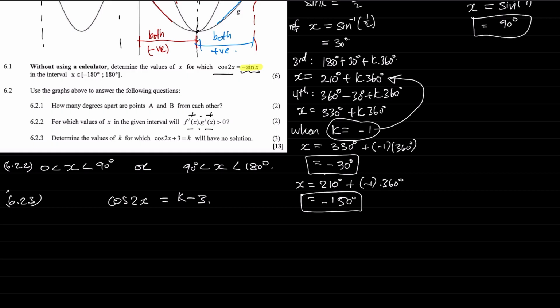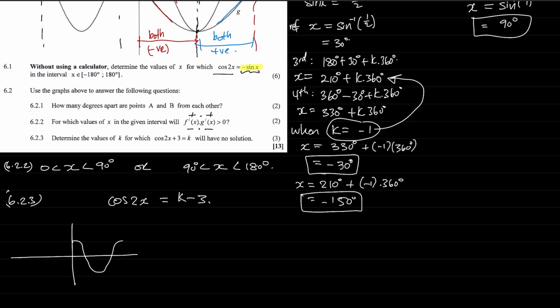Okay. Now, we know for a cos graph, obviously a cos x graph or cos 2x graph, the graph starts at 1 and it ends at minus 1. So the range for a cos graph, let's just quickly sketch this out.